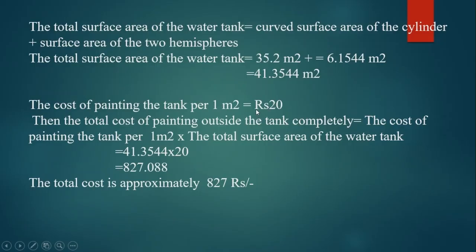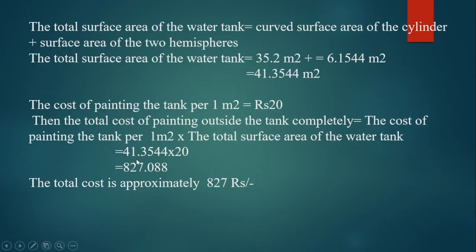So it is very clear that when we multiply the total surface area with the cost of painting per square meter, we can easily calculate the total cost for painting. So the total cost for painting is nothing but the cost of painting the tank per square meter into the total surface area of the water tank.